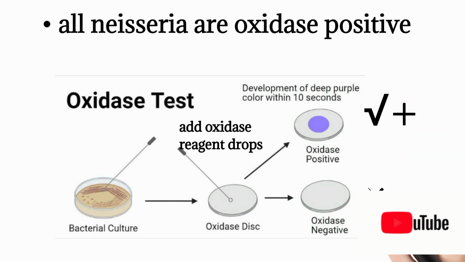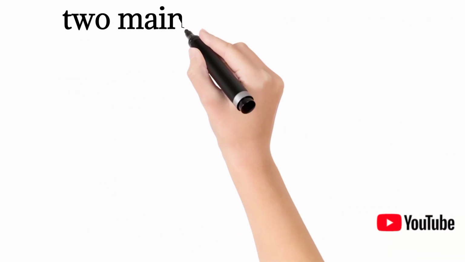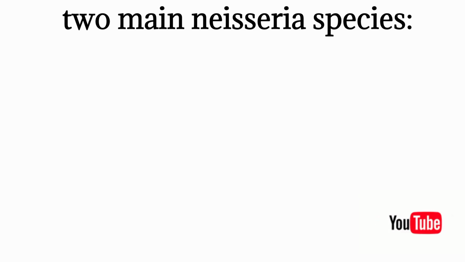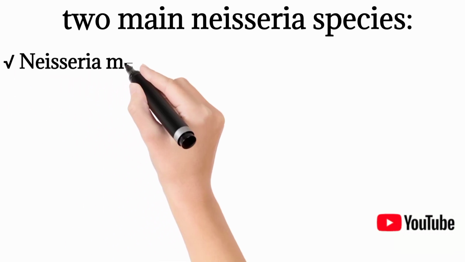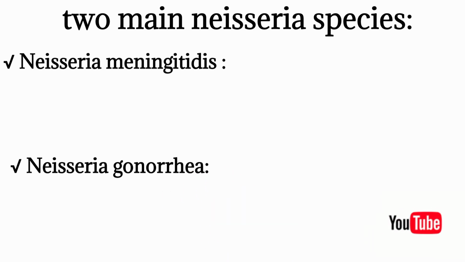So it's that simple. Then we have two main Neisseria species: one is Neisseria meningitidis and another is Neisseria gonorrhea. Neisseria meningitidis causes two important diseases: meningitis and meningococcemia.